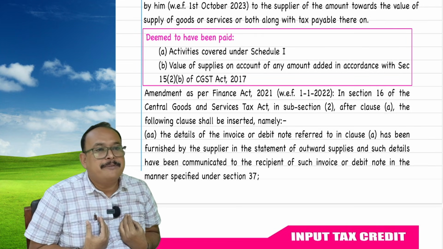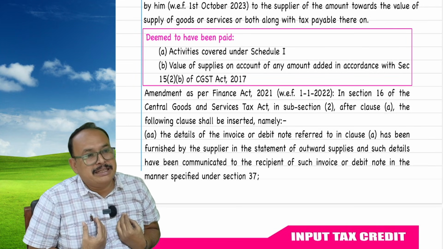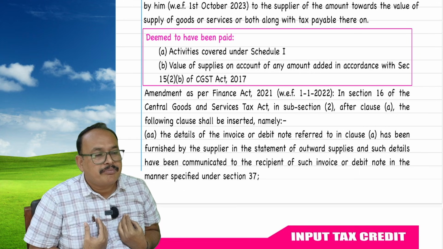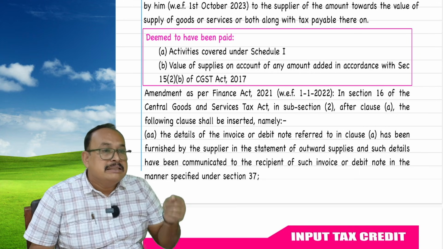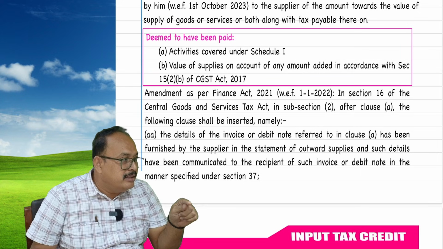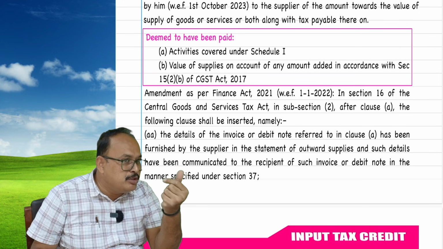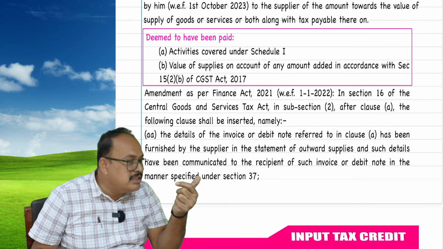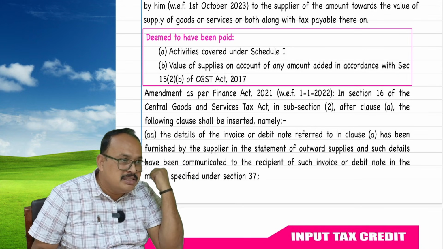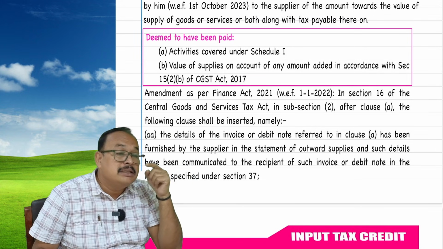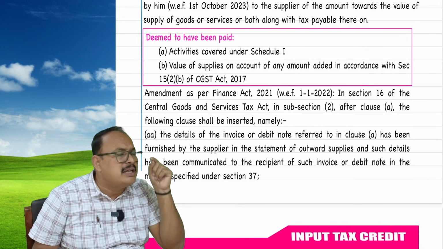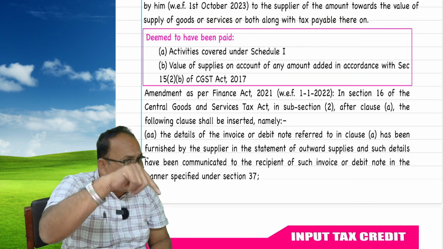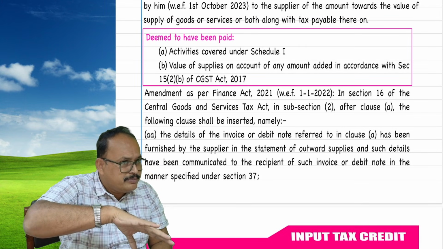Is that clear, my dear? As my eligible credit. That means section 16(2)(a), the recipient should be in possession of the tax invoice or debit note issued by the supplier. And section 16(2)(aa), the supplier should furnish the GSTR-1 return. Is that clear?